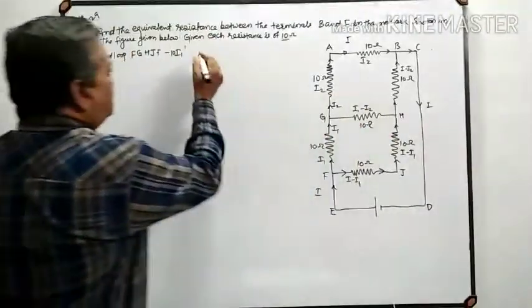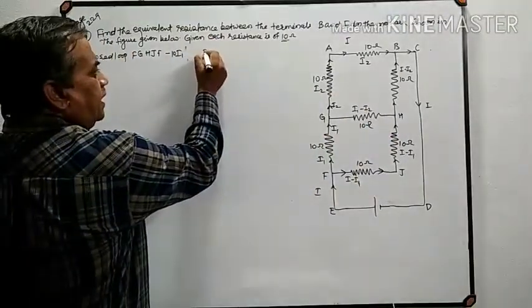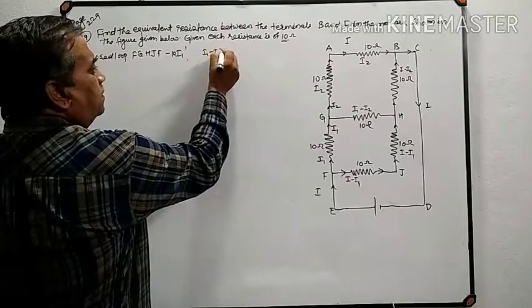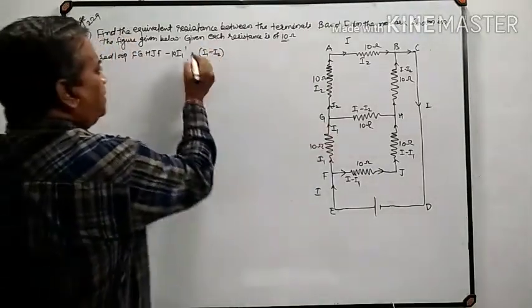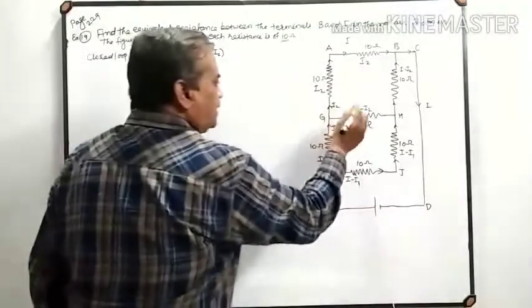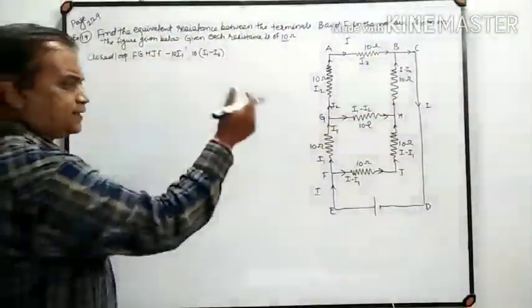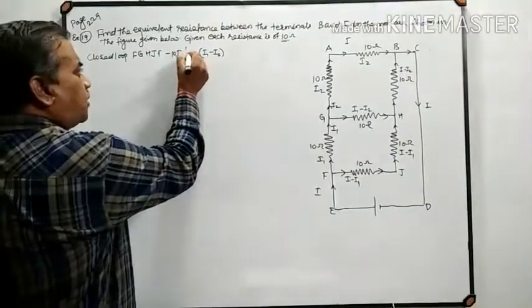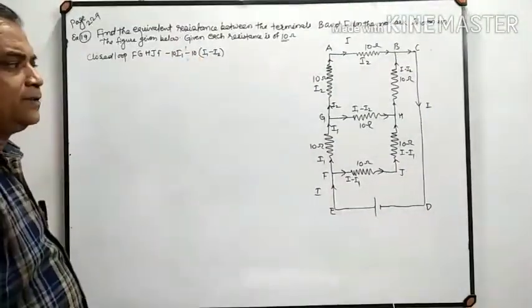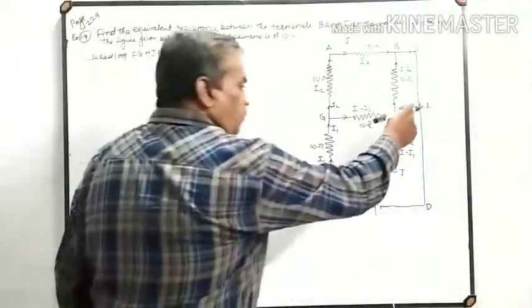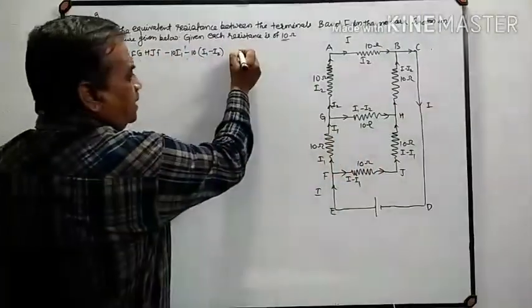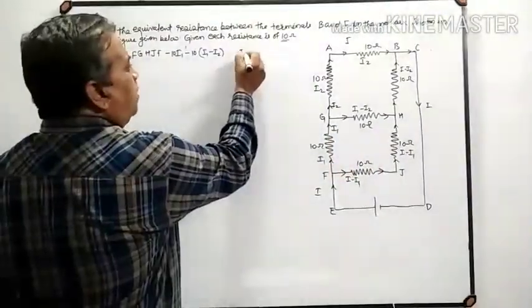From G to H, current is I1 minus I2. Corresponding resistance is 10. And current is flowing in the same direction in which we are tracing the circuit. Therefore, this product of I and R is taken with negative sign. Now move from H to J. Current is I minus I1.